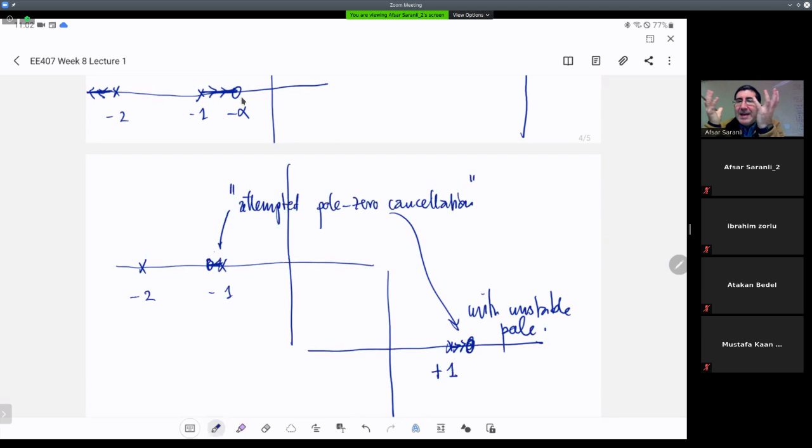Yani hiçbir gain ile stable yapamıyorsunuz artık sistemi. Anladım hocam. Yani yarardan çok zararı var gibi bir şey oluyor yani. Evet, ilginç değil mi? Yani matematiksel olarak mükemmel bir biçimde üstüne denk getirebilseydiniz eğer hakikaten bir matematiksel cancellation olacaktı. Ama pratikte her zaman bunların yeri de belli bir uncertainty olduğu için pratikte hiçbir zaman gerçekleştirilemeyen bir şey bu.